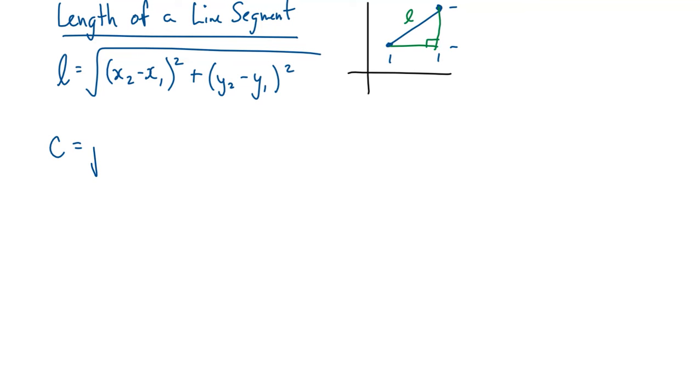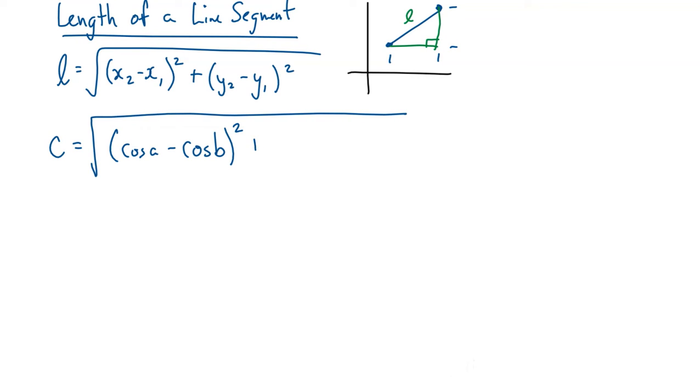So what are my cosines? Cos A minus cos B, because the x's are the cosines, plus sine A minus sine B, because the y's are the sines.